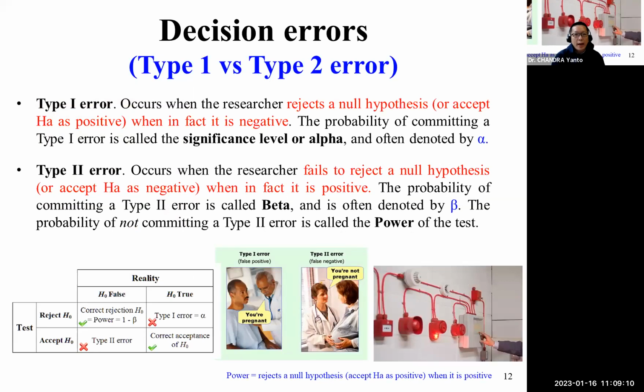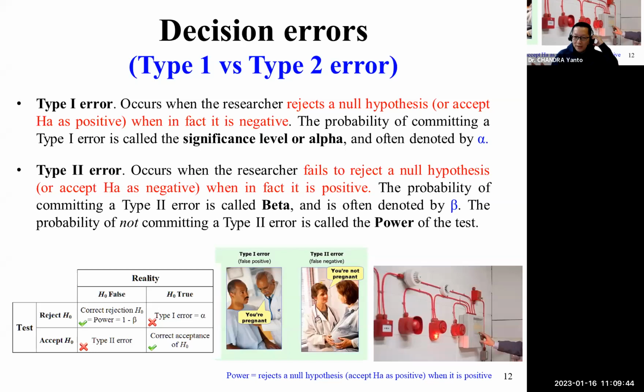Another type of statistics is error. When we say error, there are different types of error. For example, if the fire alarm is ringing so loud, and every one of us has to go down to the ground floor and wait until the firefighters come to check, and actually there is no fire, that is one type of error.